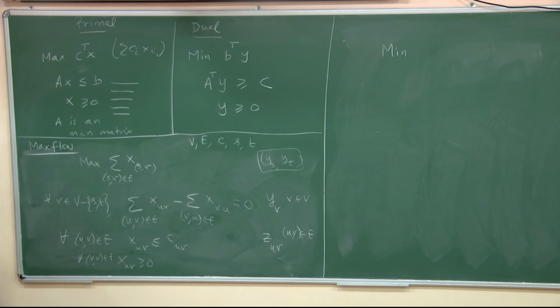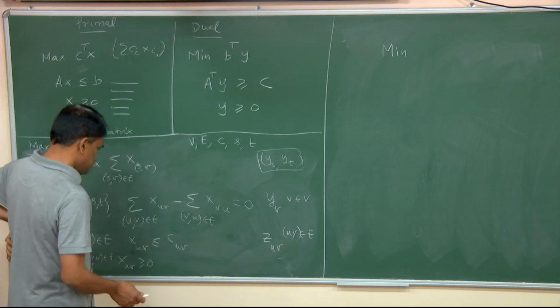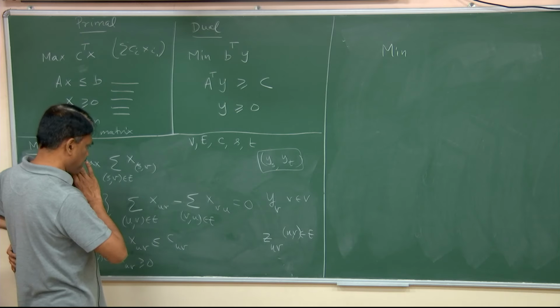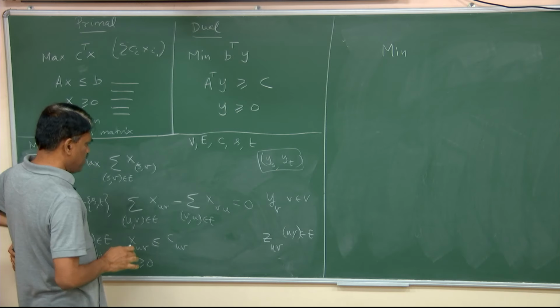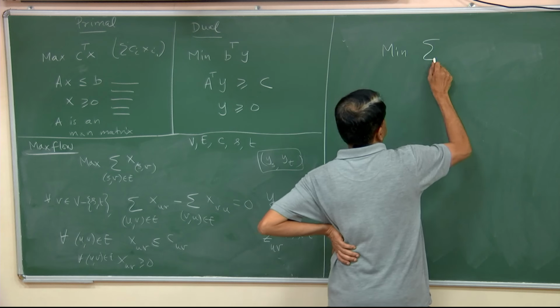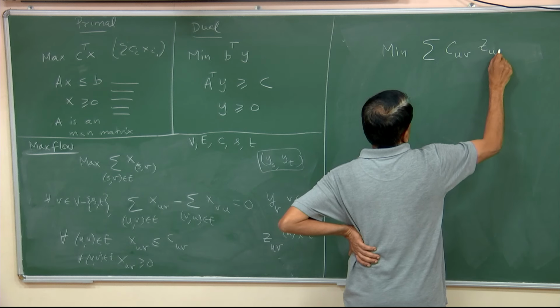So what is the objective function? You get your coefficients from the right hand side. The right hand side are 0 and CUV, so it's min summation CUV into ZUV for all UV.